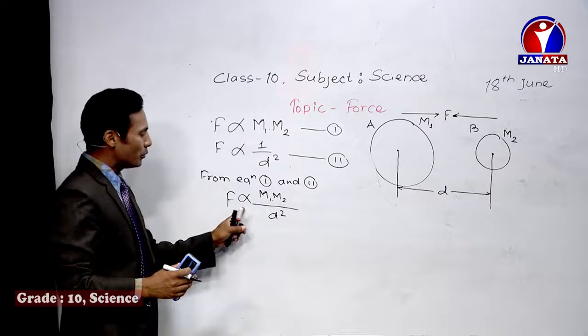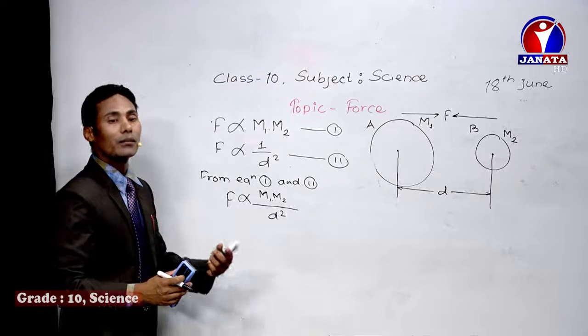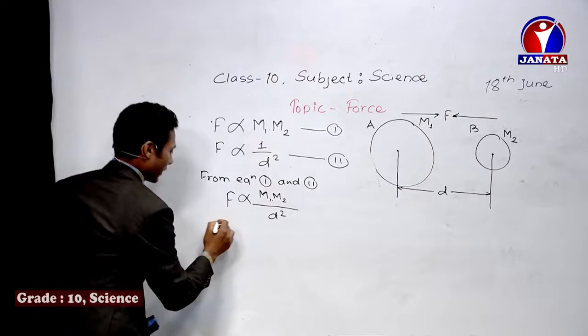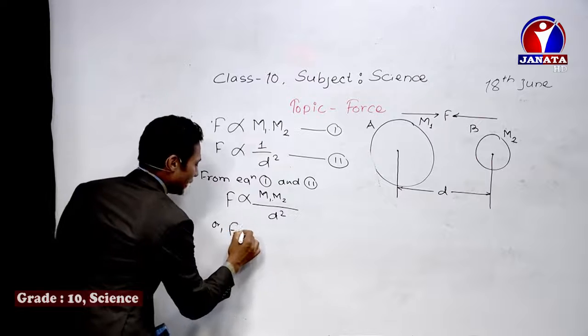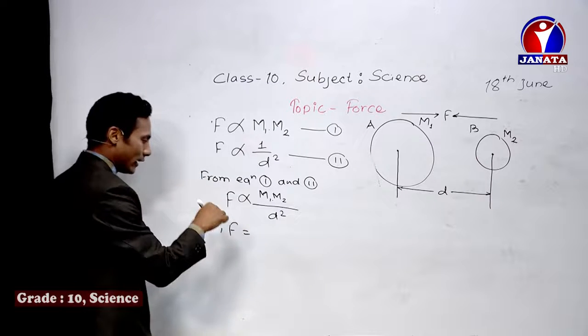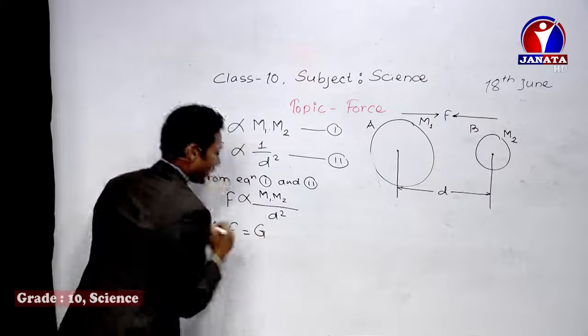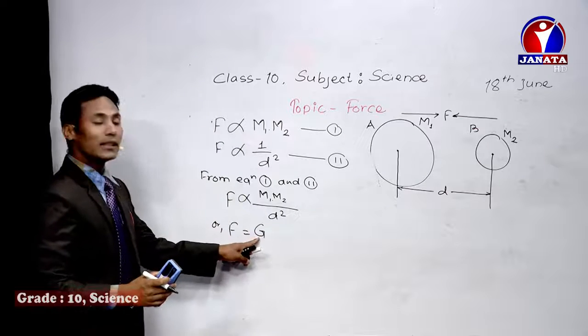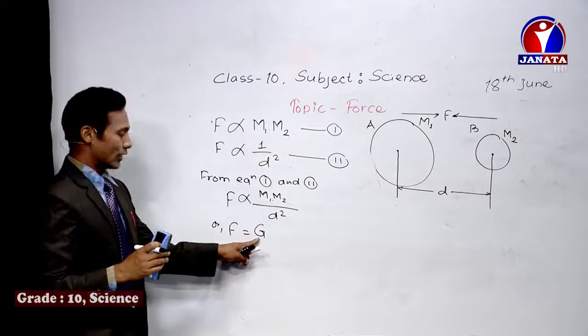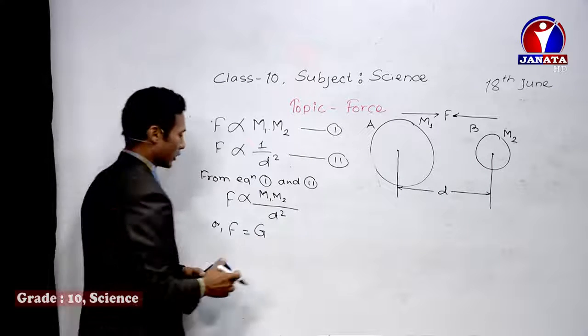That's why this should be changed into the equal sign. While we change this into the equal sign, we insert some constant term here. That means F equals, instead of the proportional sign I have used the equal to sign, and here you have to insert some constant, which is called G. Here, G is the gravitational constant. It is also called the proportionality constant, called the gravitational constant.